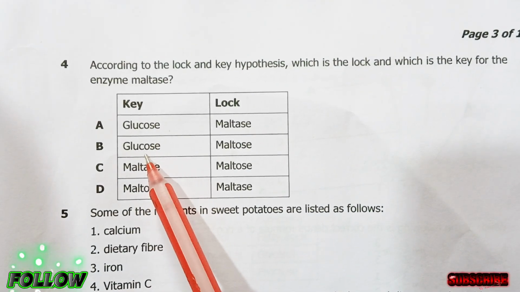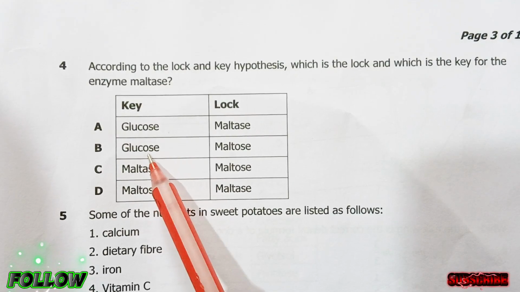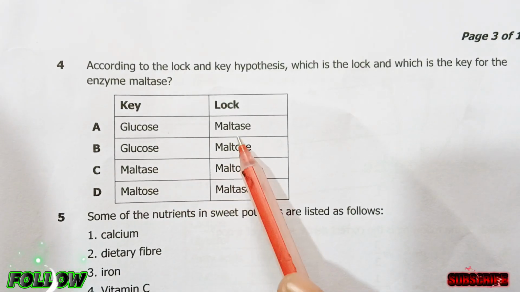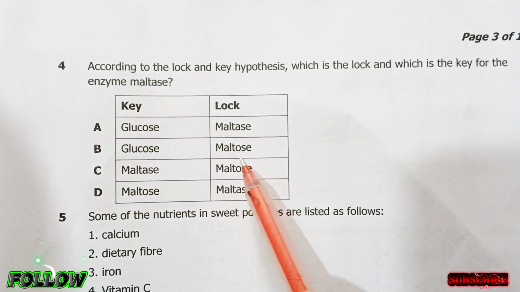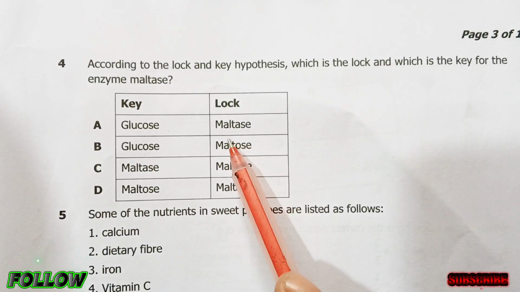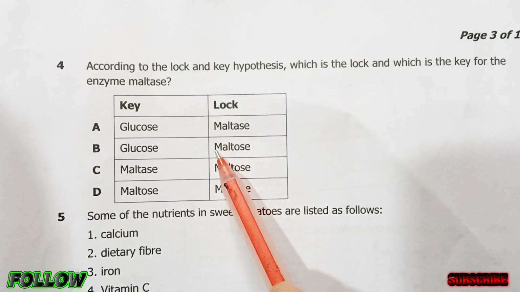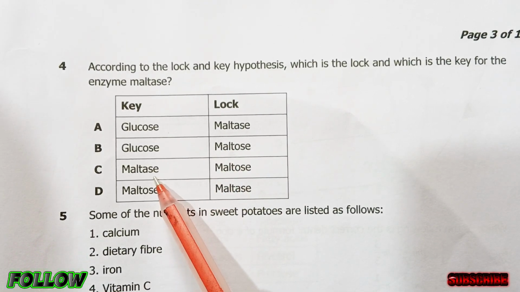And B: maltose is not an enzyme. The lock is supposed to be an enzyme, so maltose cannot be the lock. When you go to C, maltase is wrongly placed as the key.